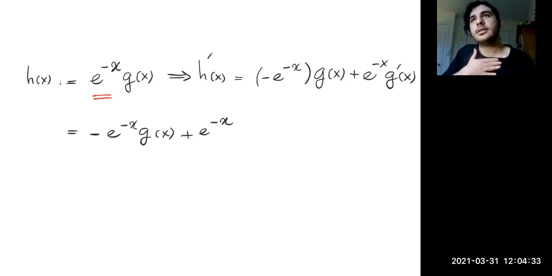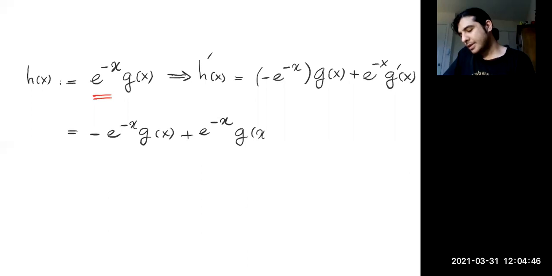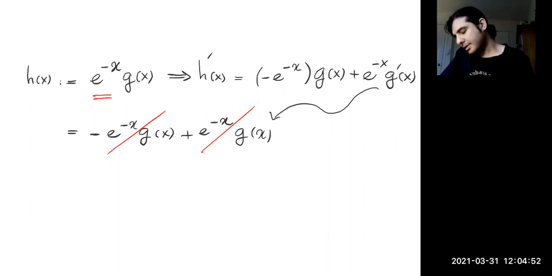But what is g prime of x? Well, we assumed g prime of x is equal to g of x. We assumed g is a solution to that equation. So rather than g prime of x, I would just write g of x. And as you can see, these two cancel each other, so it is equal to 0.